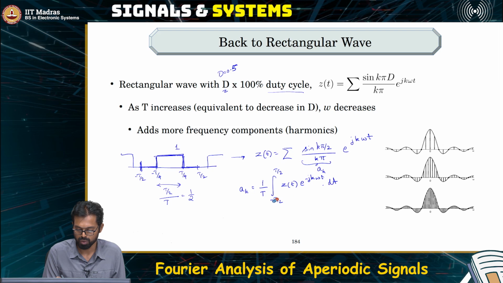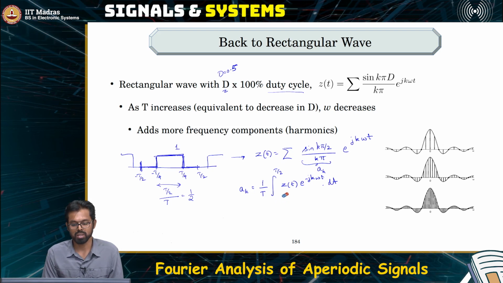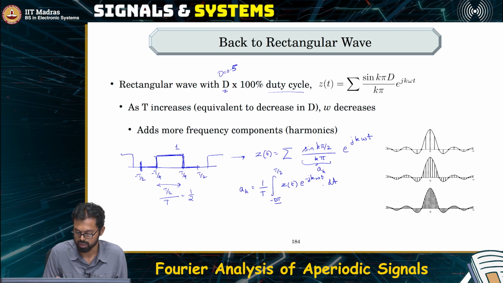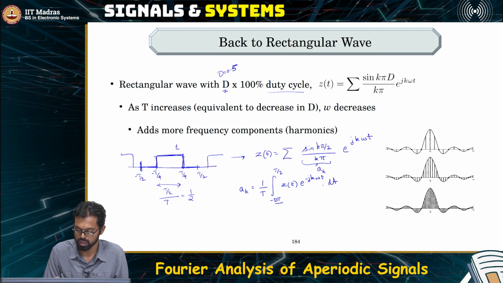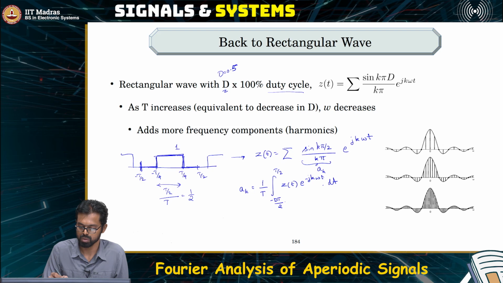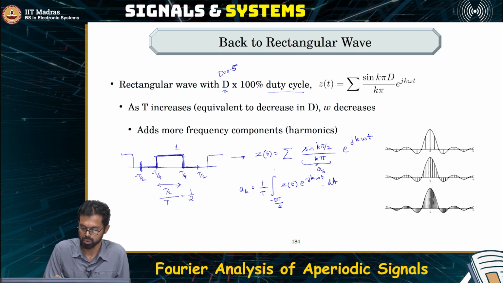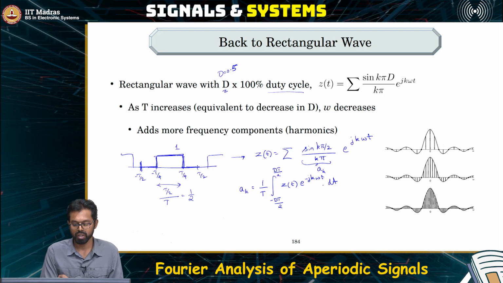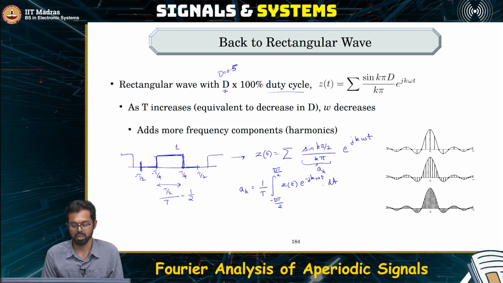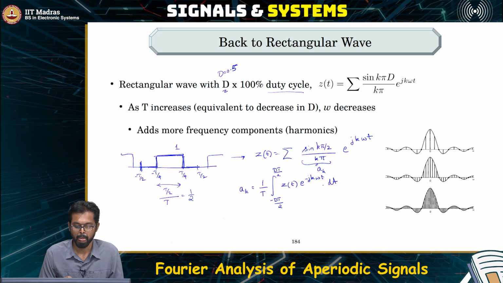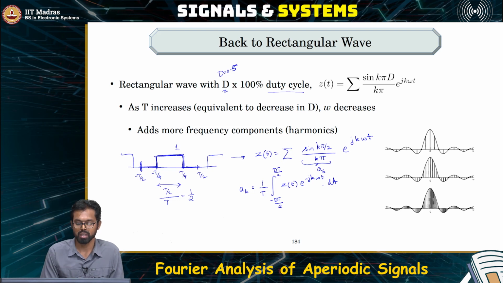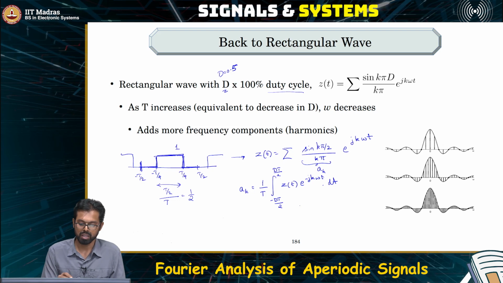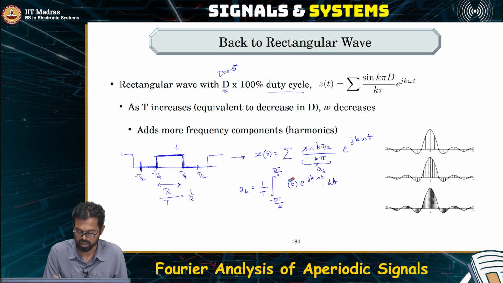The limit for which this is now non-zero is given by minus dT divided by 2 to plus dT divided by 2. So if d was 0.5, then you get minus T by 4 to plus T by 4. If d was 0.1, then you get T by 20 at the top and minus T by 20 at the bottom. That's the only thing that changes, nothing else changes, right?